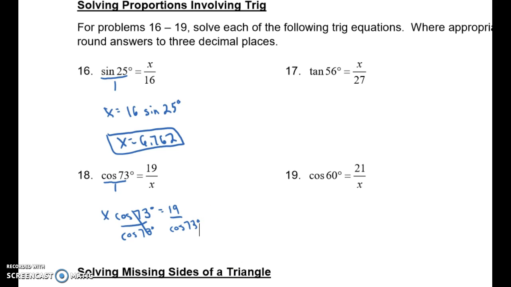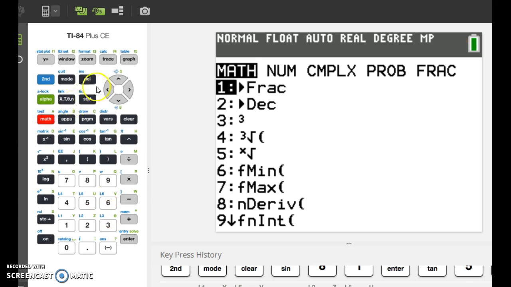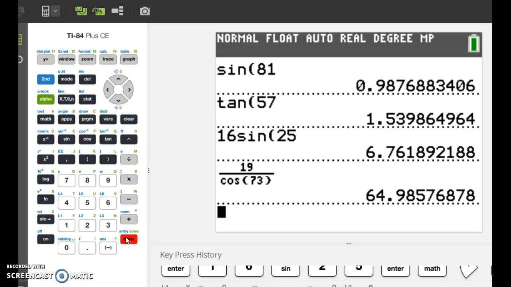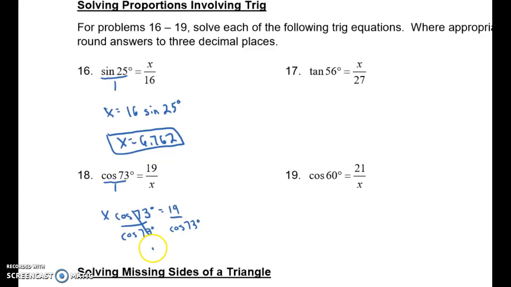And so let's type that in, 19 divided by cosine of 73. So I've got 64.986. All right. So that's how we're going to cross multiply to help solve those types of problems.